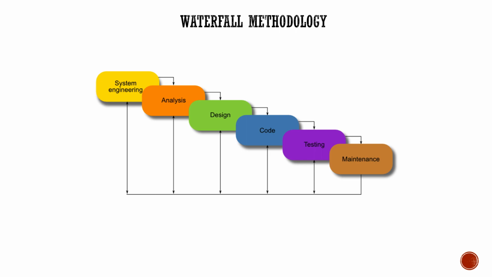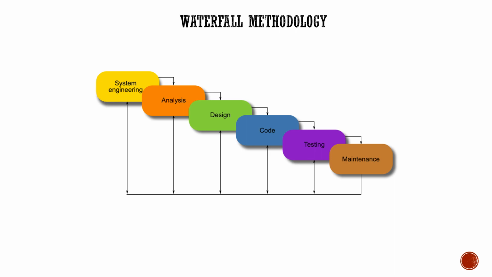For the system engineering phase, the main focus is to identify what the system can do and the requirement of the system. For analysis phase, the models will be analyzed and the business logic will be generated. In design phase, the overall architecture for the system and the software and hardware is specified by the developer.